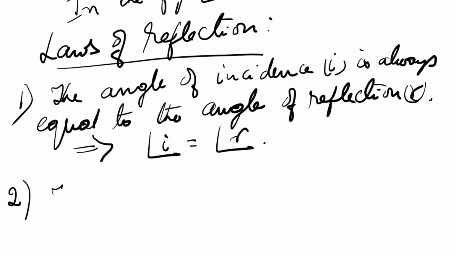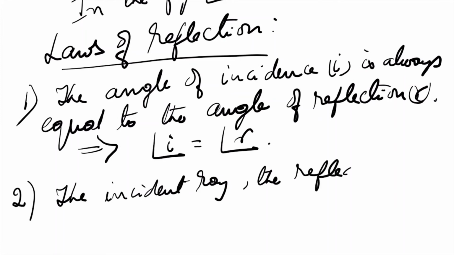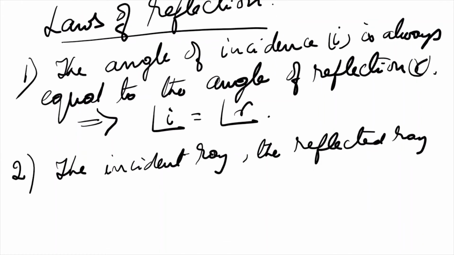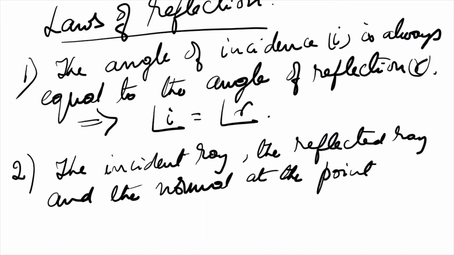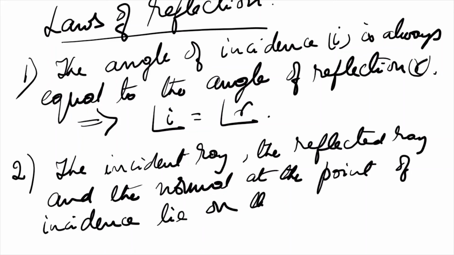And the second law, the incident ray, the reflected ray and the normal at the point of incidence lie on the same plane.